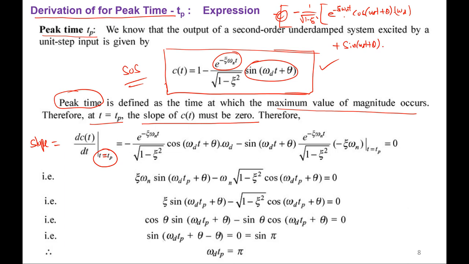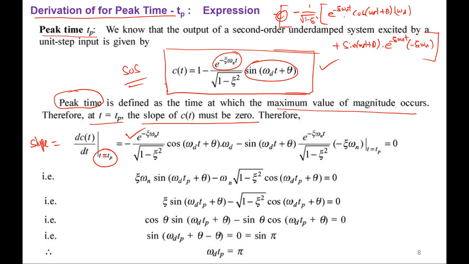The derivative of e to the power of minus z omega nt with respect to time t gives minus z omega n. So we will get this. Then multiply by minus 1 by root of 1 minus z square and we will get this. I have written here: minus e to the power of minus z omega nt by root of 1 minus z square into cos of omega dt plus theta into omega d, the same first term.